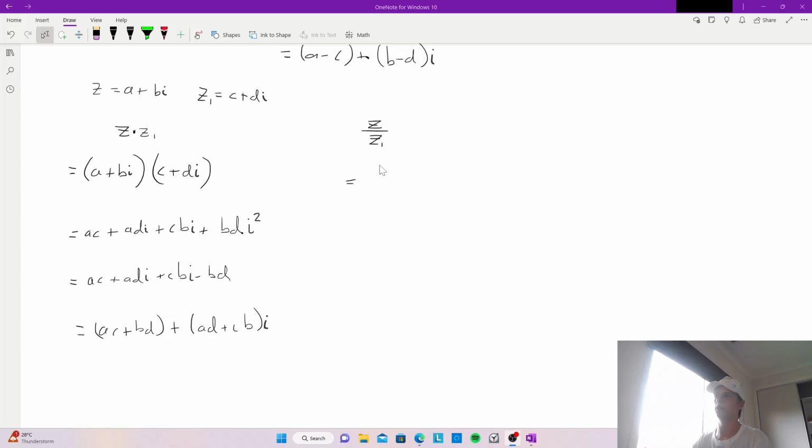And with the division, you have to use a slightly different method, which I'll go over in just one second. So we can write this as Z, which is A plus Bi, over Z1, which is C plus Di.